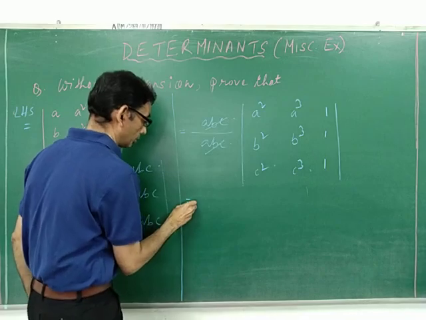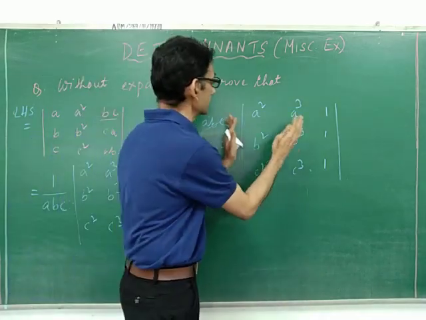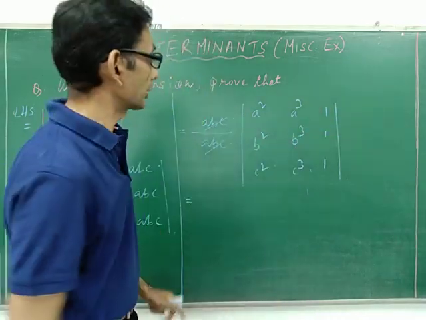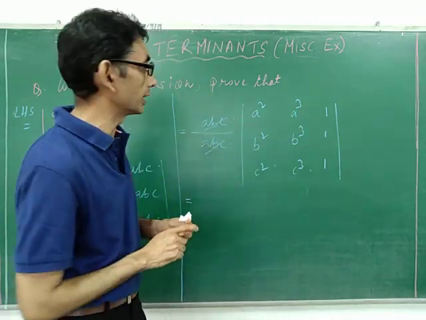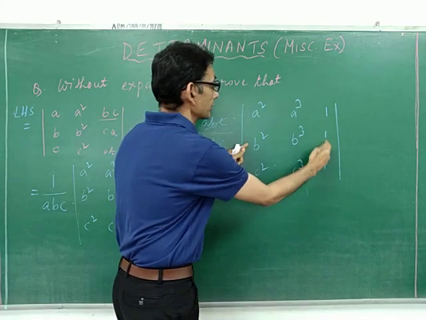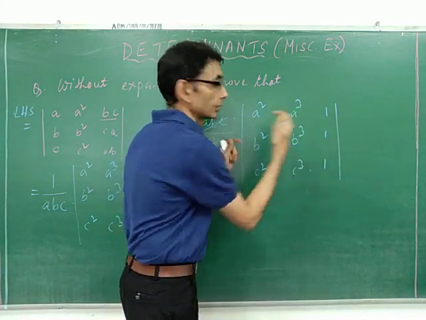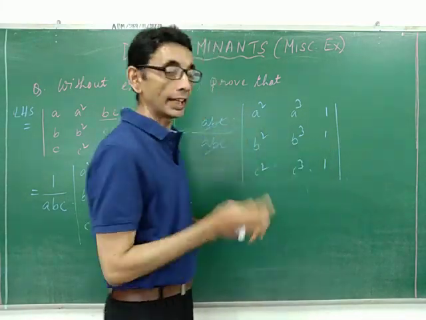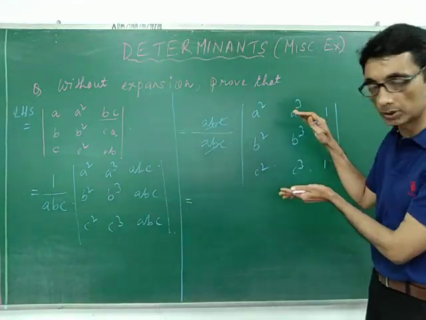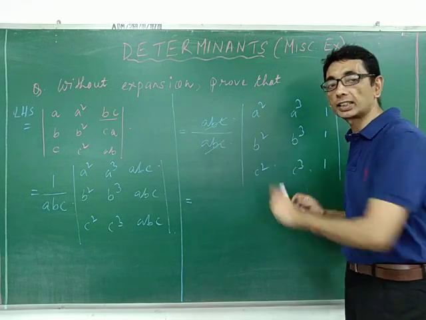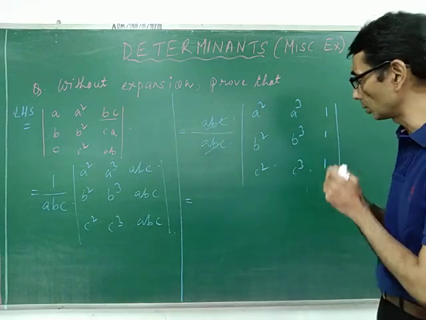Okay. Now you have seen that this is quite similar to the answer, but the only thing is that their positionings are different. So first we'll interchange the first column with the third column. If you interchange a pair of columns or a pair of rows in a determinant, the determinant gets multiplied by -1.